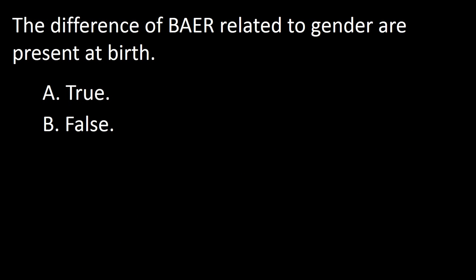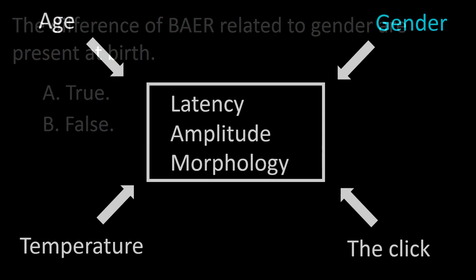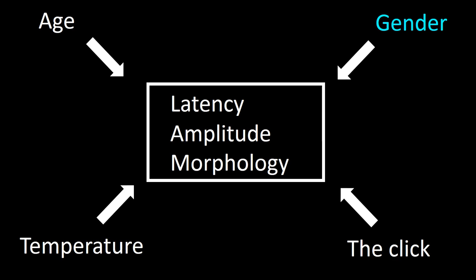Next question. The difference of brain auditory evoked responses related to gender are present at birth. A true, B false. Gender also affects latency, amplitude, and morphology of the brain auditory evoked responses waves.